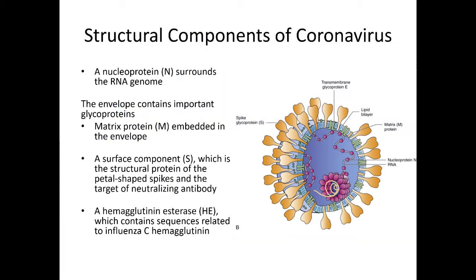And then this virus has an envelope, which is a lipid bilayer, and that explains why detergents and other solvents can break it apart. Embedded within that lipid bilayer is the matrix protein, and then sticking out is that surface component, which is that structural protein of the spikes, which is involved in attachment and is also the target of neutralizing antibodies.